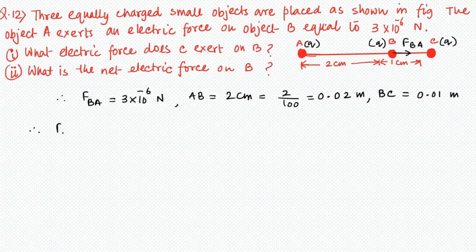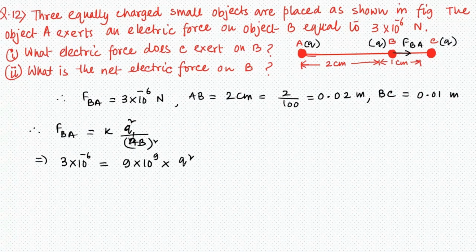So we know that FBA would be K into Q1 Q2, here both of the charges are the same, so Q square by AB square. So FBA is 3 into 10 to the power minus 6, K is 9 into 10 to the power 9, Q square is Q square, and AB square is 0.02 square.